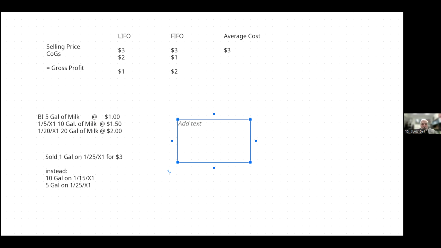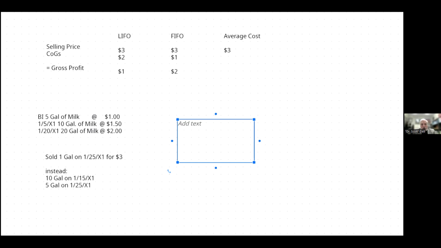So in this situation, if we're looking at what our beginning inventory started at, we know we started with our 5 gallons, and then we know that we bought a total of 30 more gallons. That means we have goods available for sale, you guessed it, 35.